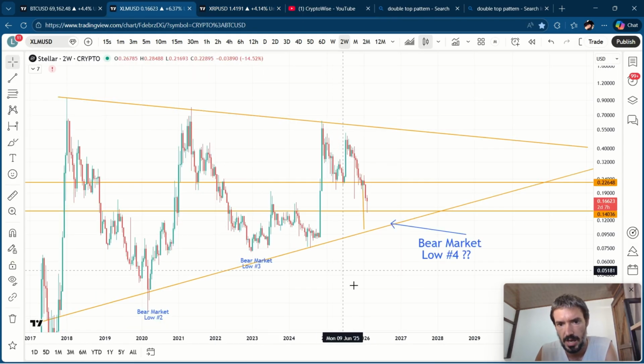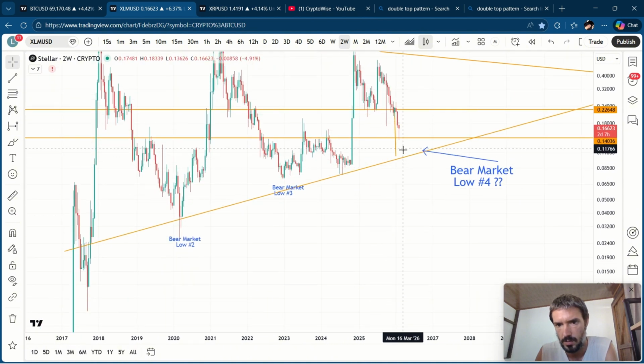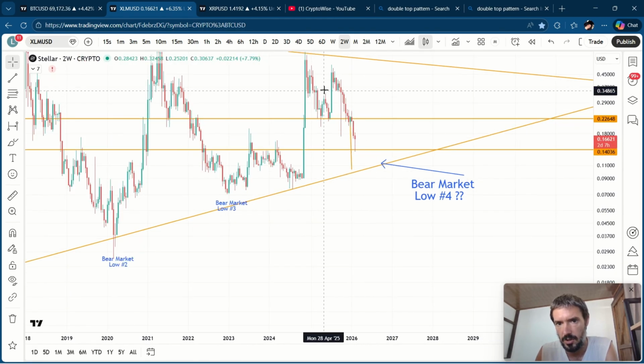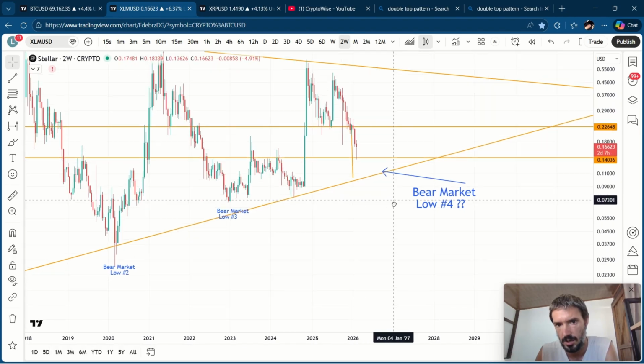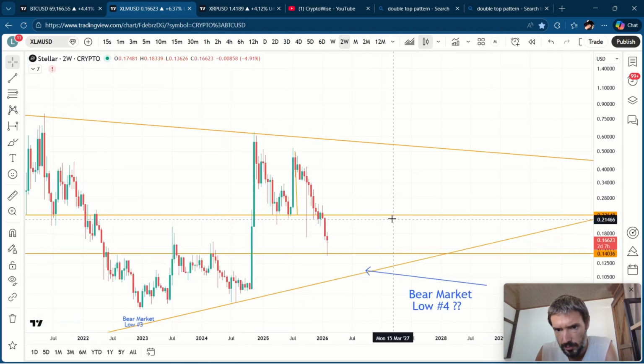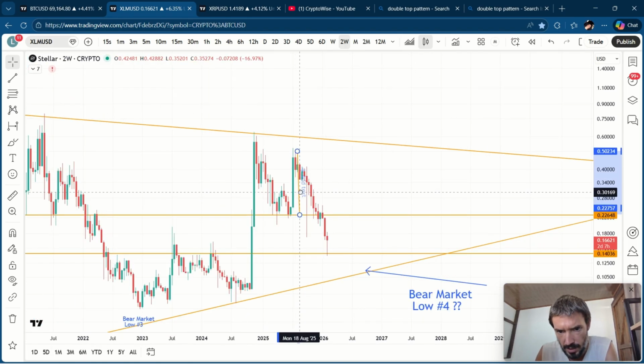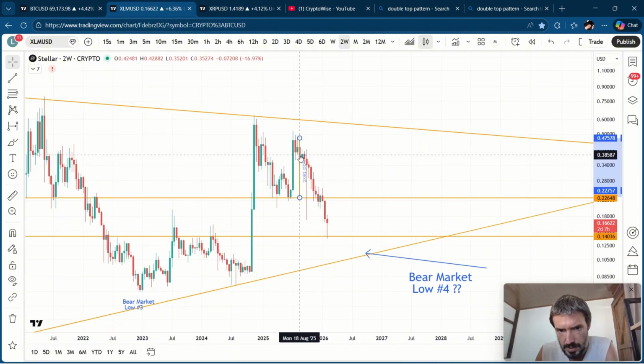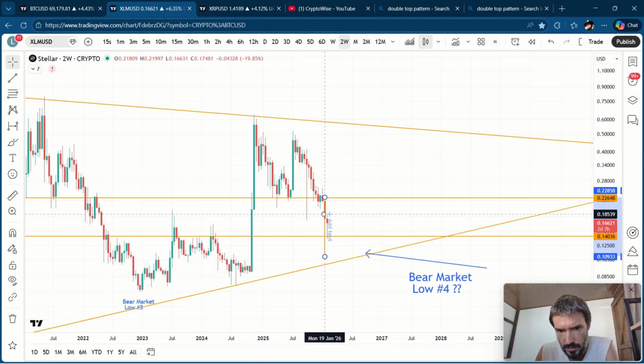So I'm considering that here as well, because we could drop into this area on a wick, and then that'll be the triangle support and the measured move price target at this double top reached at the same time. So we could see this target get reached, and I'd rather be a bit more conservative with this measured move and take it from the neckline and take it just down a little bit less, because I don't like to be too aggressive with those.